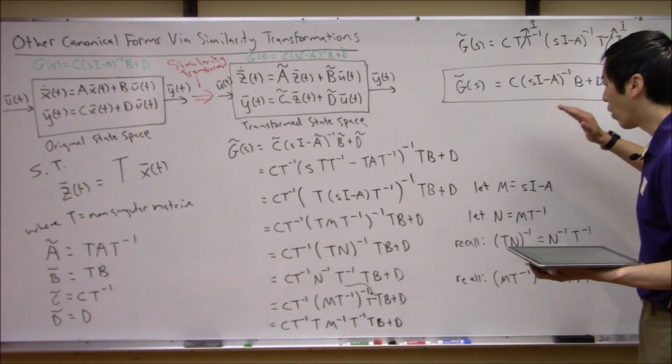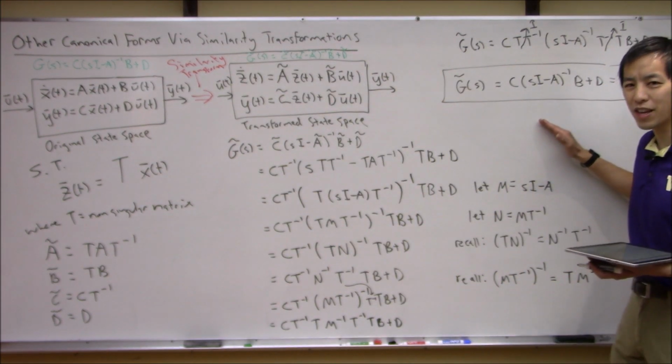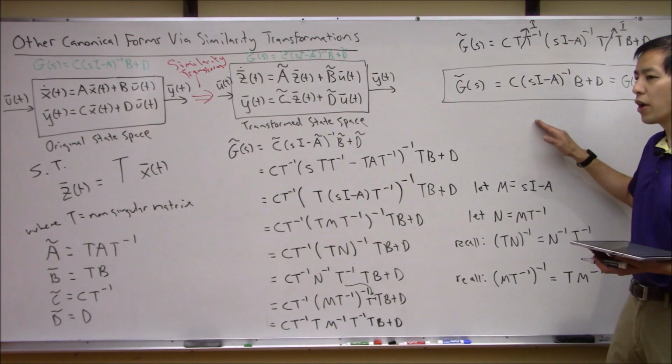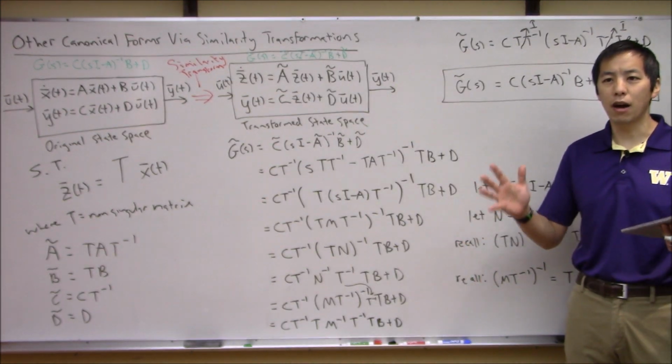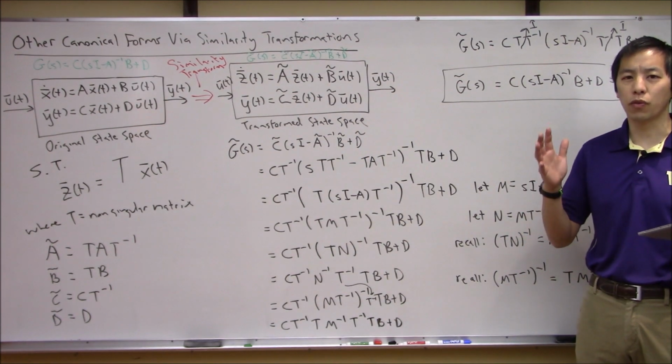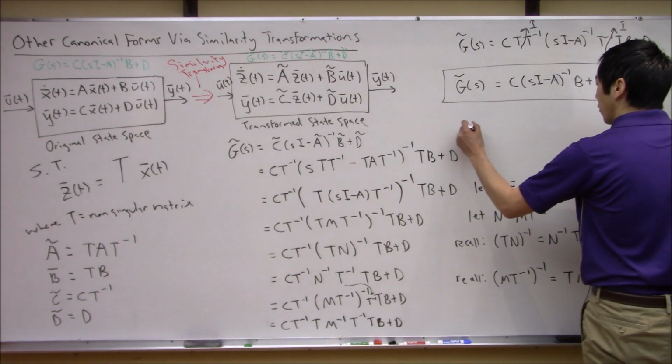So what this tells us now, if you think about this long enough, is there are actually an infinite number of state space realizations for a given transfer function. Let's just write that down, right?